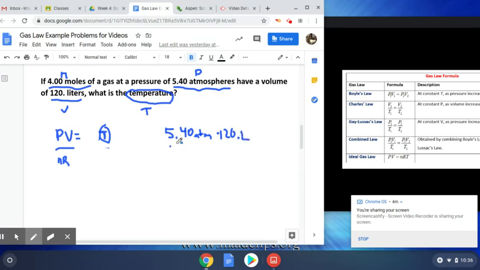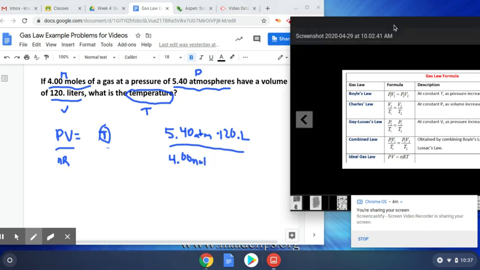And then on the bottom, you're going to have moles, which is 4.00. And then R.